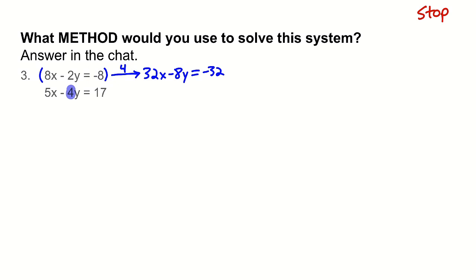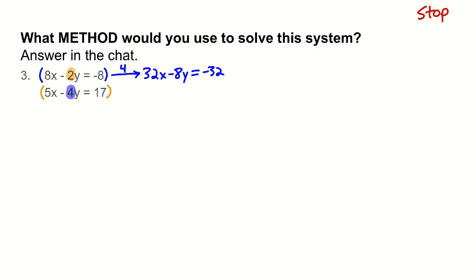Now I say, well, what do I multiply the other equation by? Well, I look at the coefficient of the y in the other equation, and it's a -2. Now, I want to add my 2 equations.